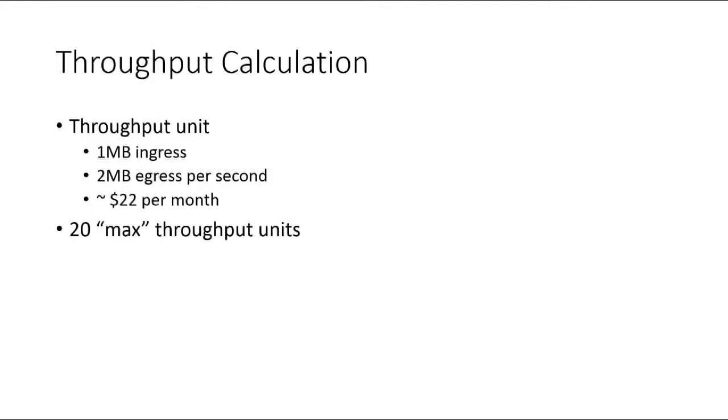And 1 throughput unit is approximately $22 a month. You get a kind of soft max of 20 throughput units. For those of you familiar with Azure, you know that there are a lot of those soft limits where you have to get in touch with Azure support and they'll extend it to fit your needs.